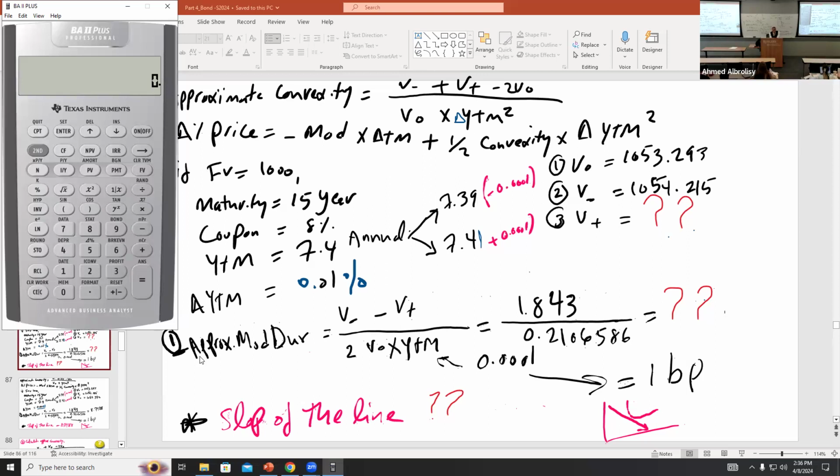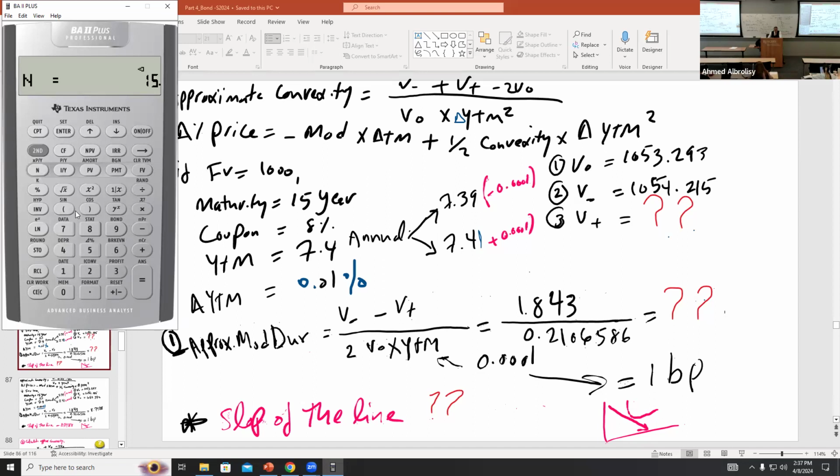So the question is asked, what happened if interest rate is changed by 1 basis point, right? Calculate the changes. So here, the future value is 1,000. So maybe you want to follow along with your calculator. The maturity is 15 years.